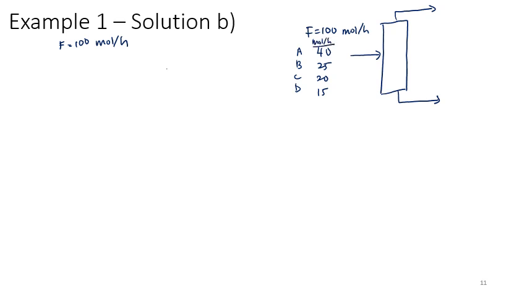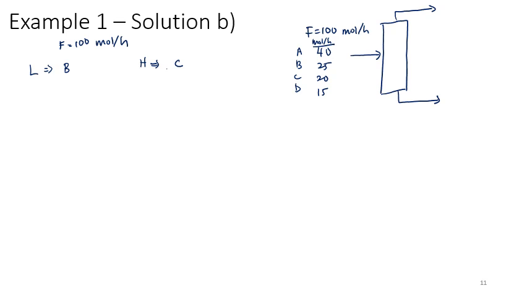So let's say we decide in this case what are the heavy key and the light key. Our light key in this case would be component B, and our heavy key would be component C. So we decide the split of these two components in the fractionating tower.